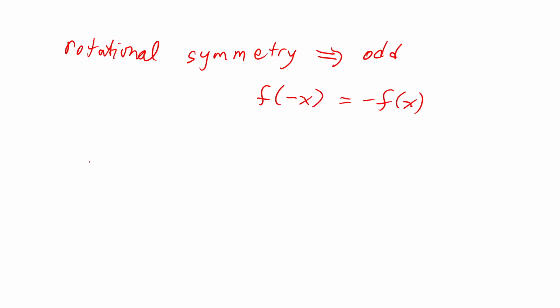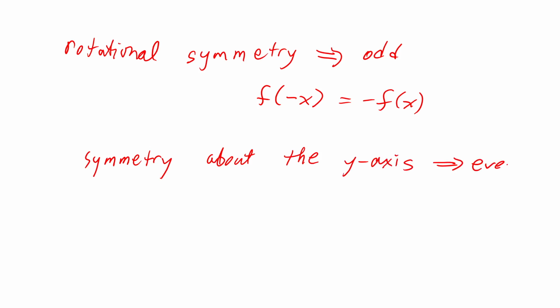On the other hand, if we have symmetry about the y-axis, then that's called being an even function, and when that happens, we say that f at negative x equals f of x.